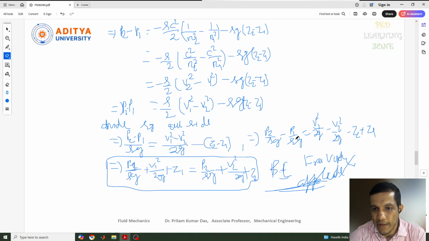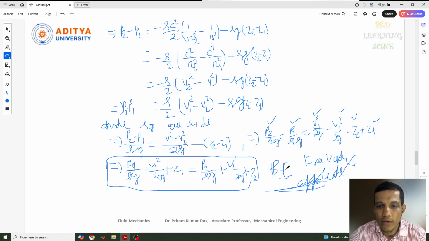If you take P1 to this side, the sign will be plus. So V1 square, P1, Z1 all become plus, and P2 is already plus. Now V2 square, take it to this side, it will be plus. Again Z2 you take to the other side, that will also be plus. The same thing I have written directly here.